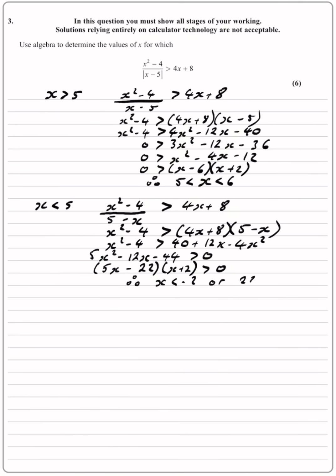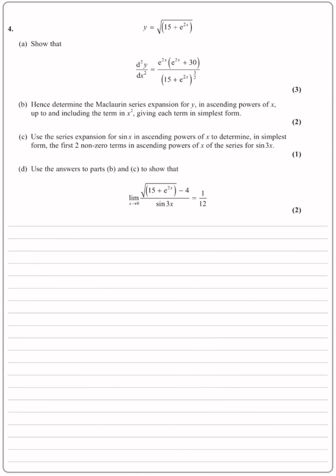However, 22 over 5 is just a little bit over 4, so I can have numbers bigger than 4.4, but I've dictated that it must be less than 5, so I'm going to cap that one off. Then, so between 22 over 5 and 5. So full solution then, we've got x is less than negative 2, x is between 22/5 and 5, or x is between 5 and 6, the union of those for question 3.